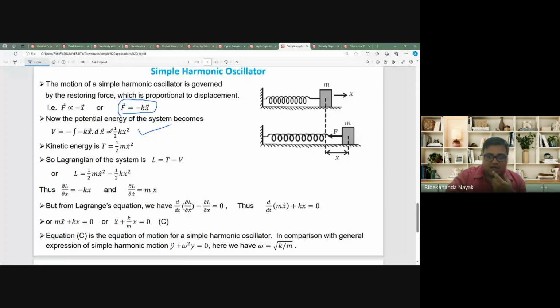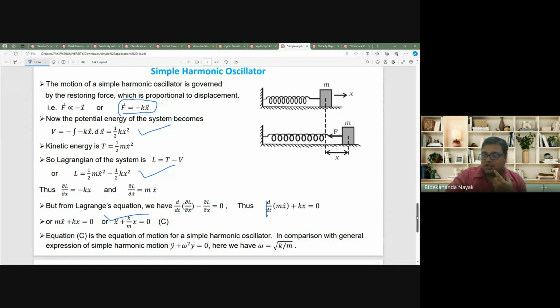So the Lagrangian will be this. From this Lagrangian, you can take the derivatives del L by del x and del L by del x dot, and finally find the equation of motion. We say that it executes simple harmonic motion with angular frequency root over k by m.